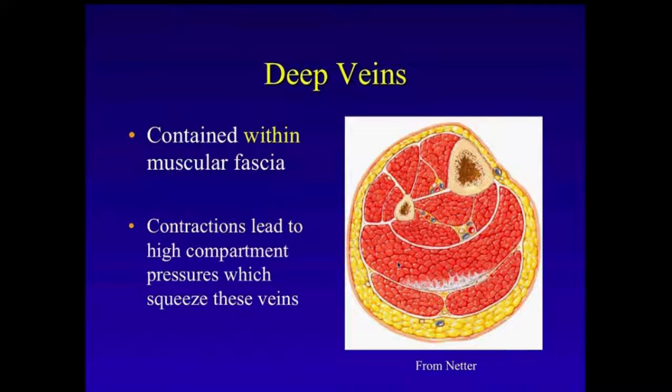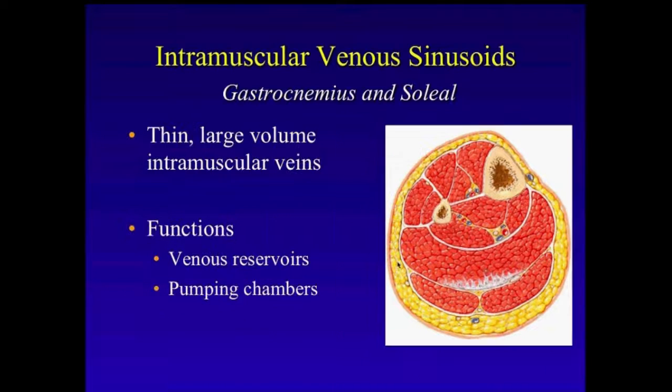And when we contract our calf muscles, those are essentially the chambers of, if you can consider the heart of your leg or the heart of your venous system, the chambers upon which these calf muscles contract to push blood back up toward the heart. These veins inside the soleus and gastrocnemius muscles in particular function as venous reservoirs and pumping chambers for this peripheral heart.